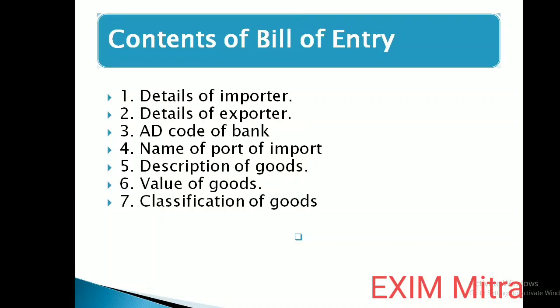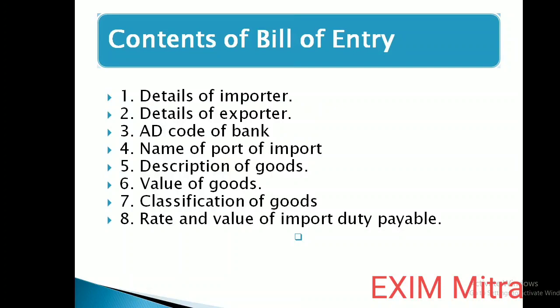It totally depends on the classification of goods. And next is the rate and value of import duty payable. Guys, the rate and the value calculation of the import duty is the main purpose of the bill of entry. Means a bill of entry tells how much duty is to be paid to customs.